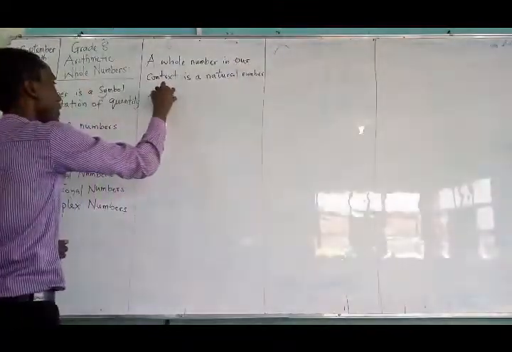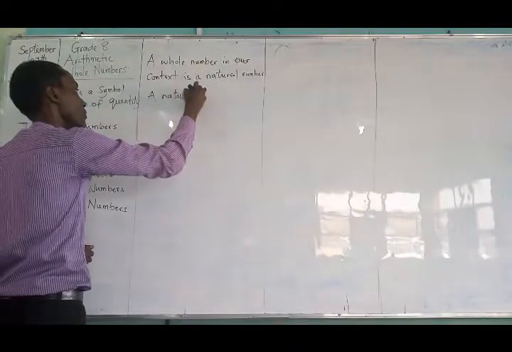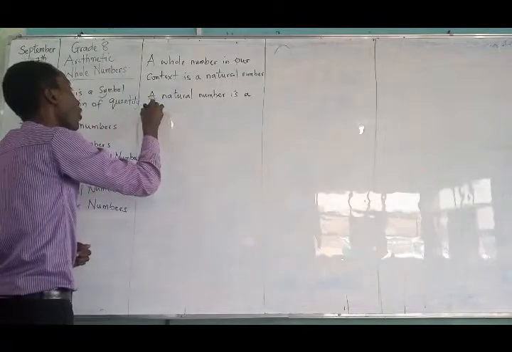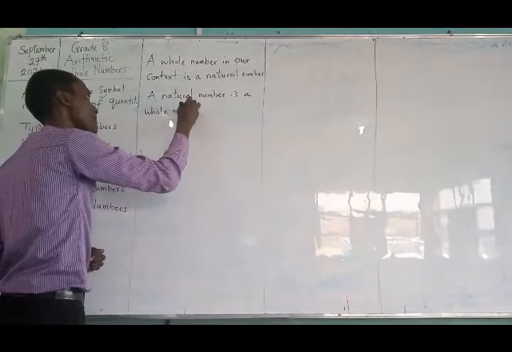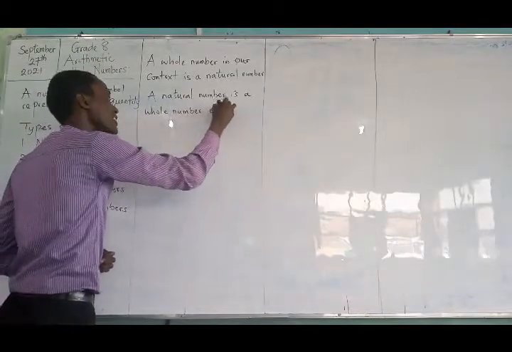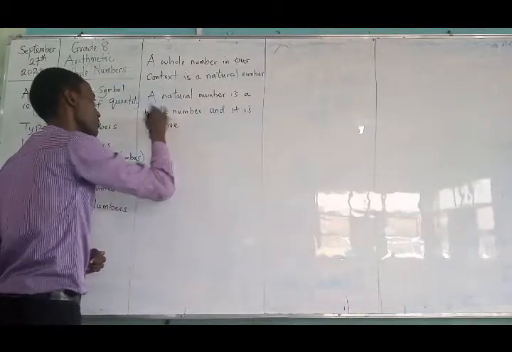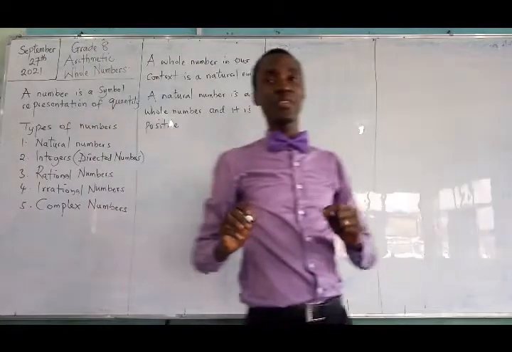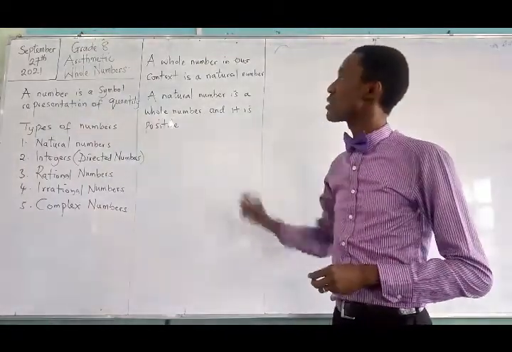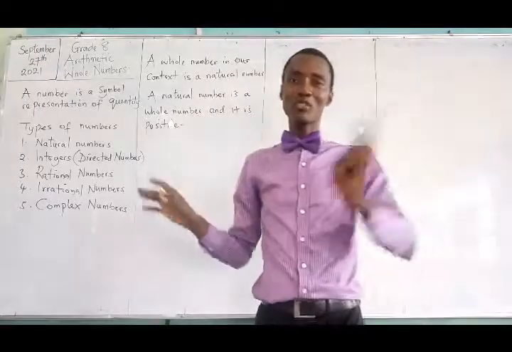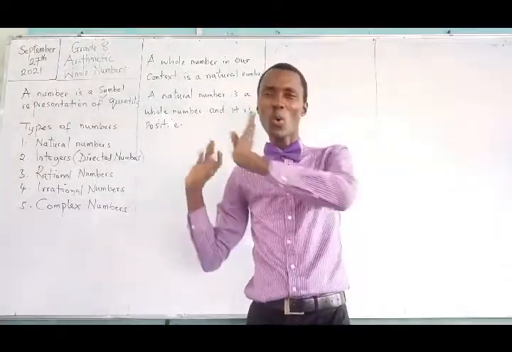A natural number is a whole number and it is positive. A natural number is a whole number and it is what? Positive. Okay, that's about the introduction to numbers, but that's not where we are going.